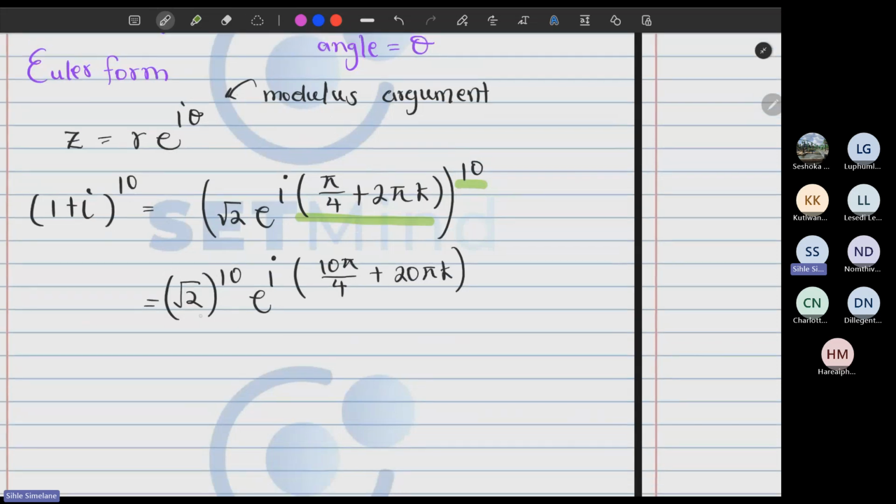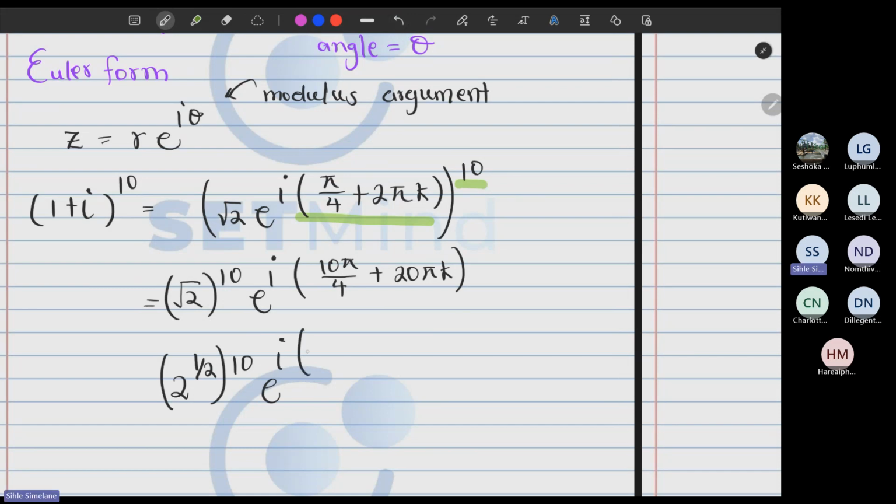And then when we do the square root of 2 to the power of 10, you should remember that square root is just to the power of half. That's what a square root is. It is to the power of half. So I can put in my 10, and then my e to the i.